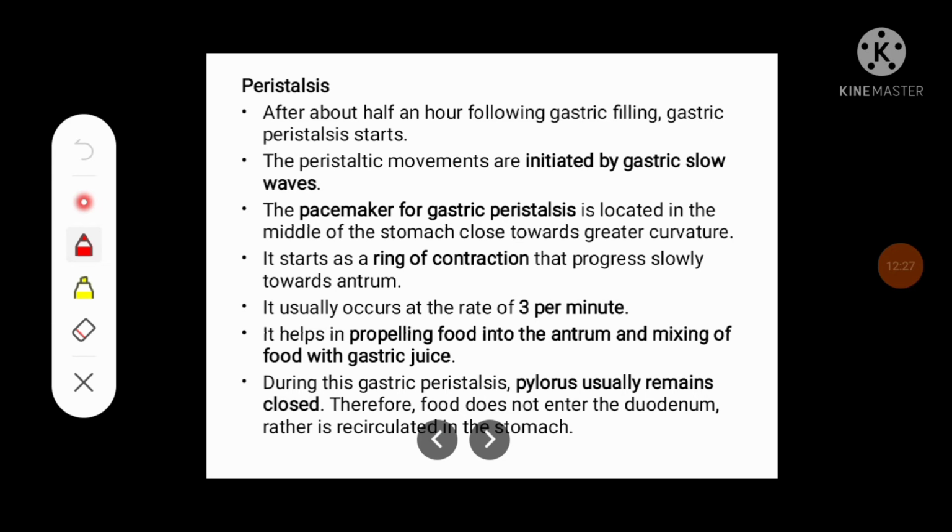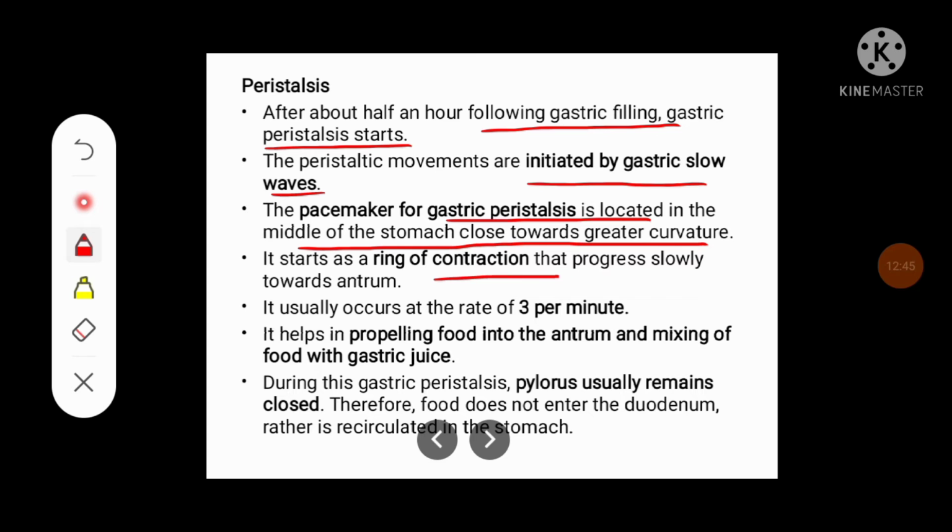After about half an hour following gastric filling, gastric peristalsis starts. The peristaltic movements are initiated by gastric slow waves. The pacemaker for gastric peristalsis is located in the middle of the stomach, close towards the greater curvature. It starts as a ring of contraction that progresses slowly towards the antrum.